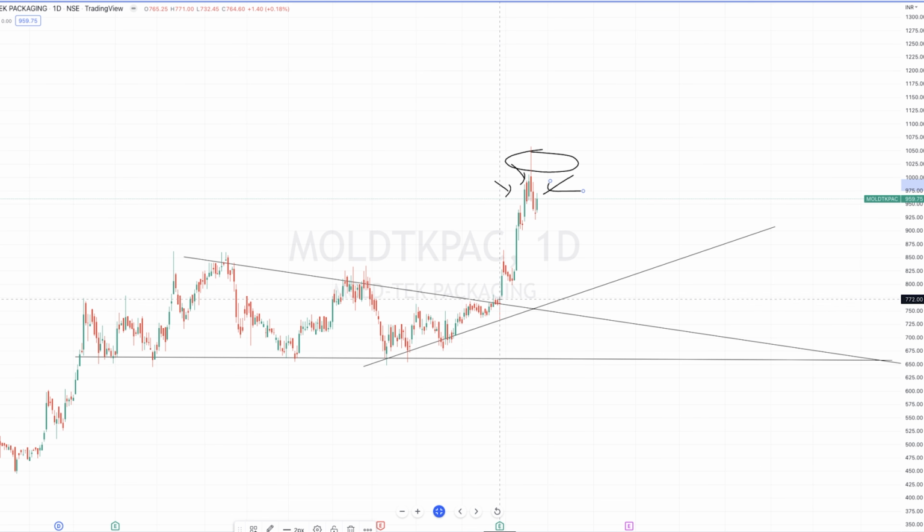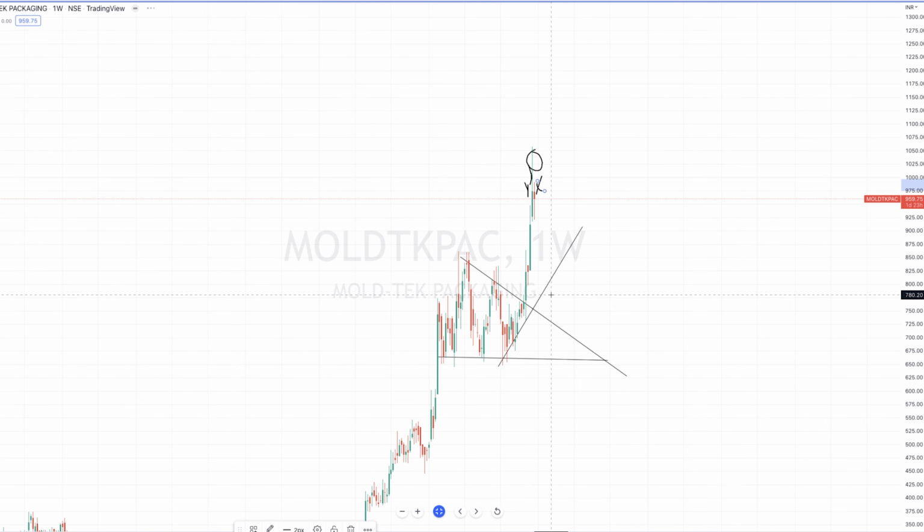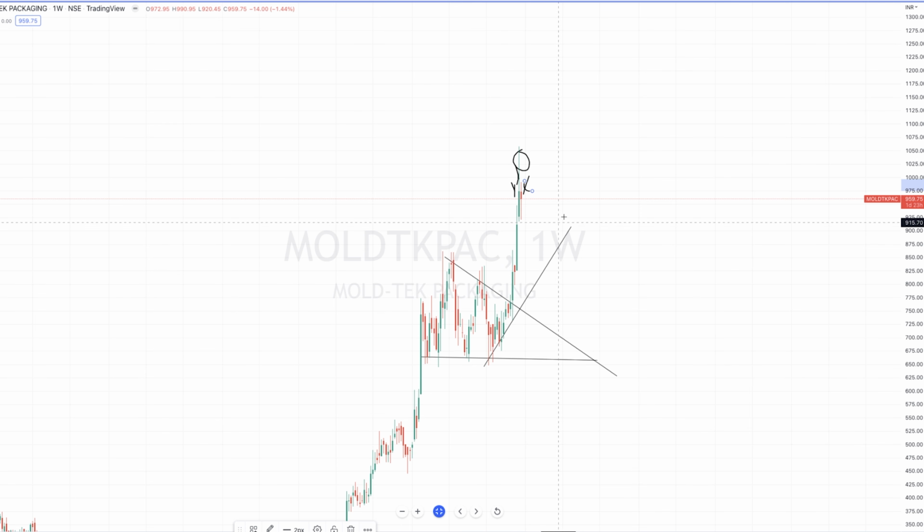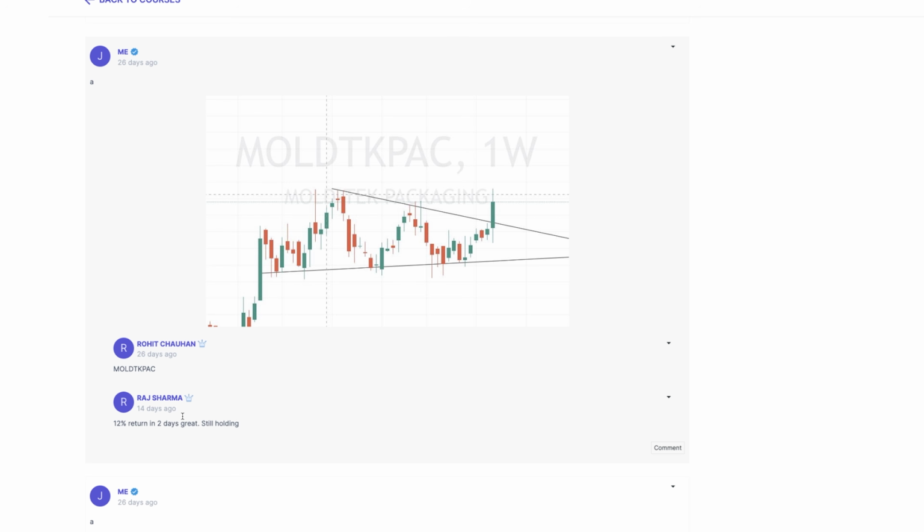So after this candle, I think I posted it. Let me check. Yeah, this is when I posted it, and you could see some made money. Not everyone posted here. So yeah, this was a very good trade.